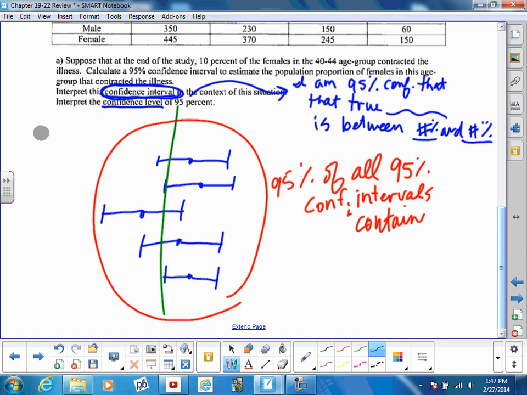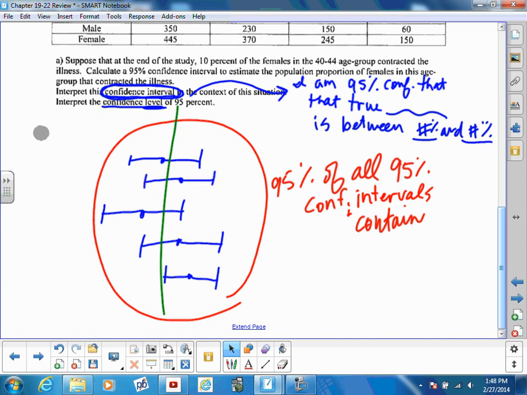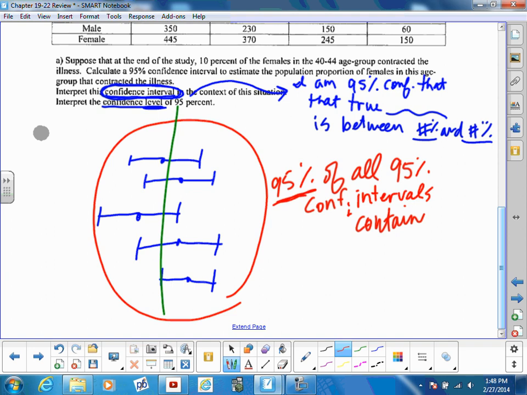Versus confidence level. If they just say, tell me what 95% confidence means, and they don't say the word interval in there, then you are referencing all of the many intervals that people make, and these are all going to be 95% intervals. 95% of all of these 95% confidence intervals, because you have a whole bunch more in reality, will contain the true parameter.